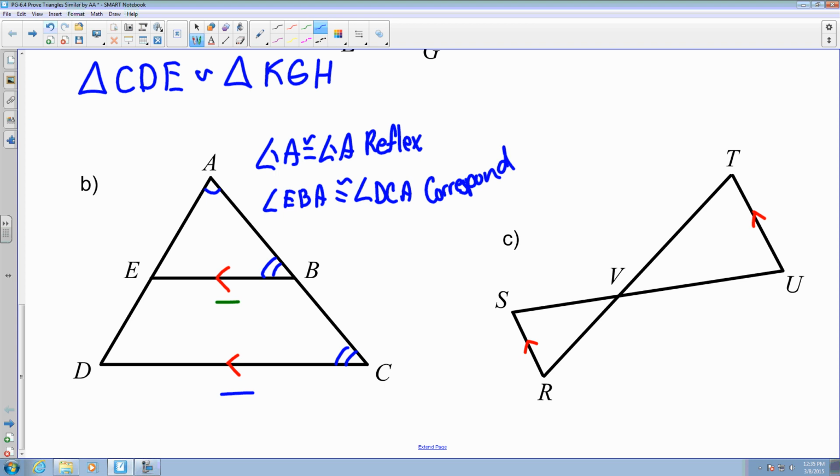All right, so I proved that angle A is equal to angle A, and angle EBA is congruent to angle DCA. So by AA similarity, I could say that triangle AEB is similar to triangle ADC.